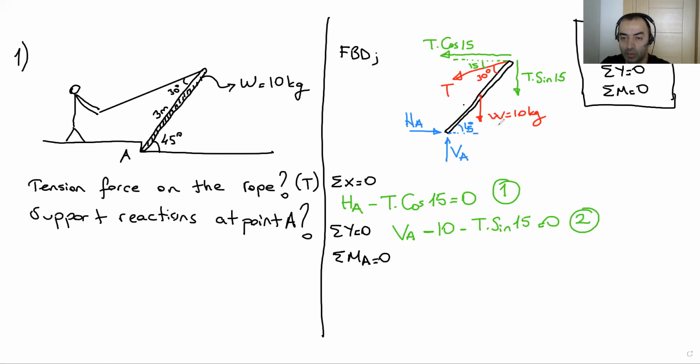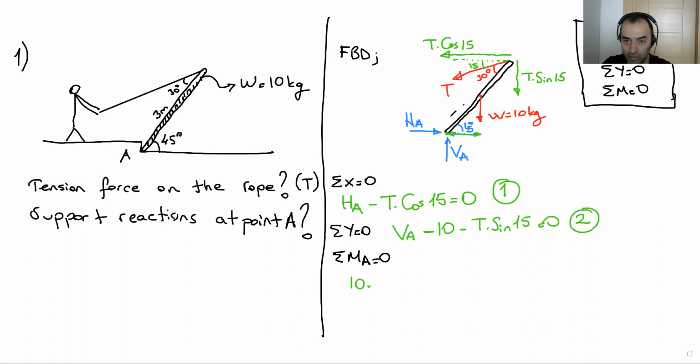We have this weight, 10 kilogram, times the distance to this point. But what kind of distance? The perpendicular distance, which is here. So what was the total length of this member? 3 meter. Half of this member is 1.5 meter.